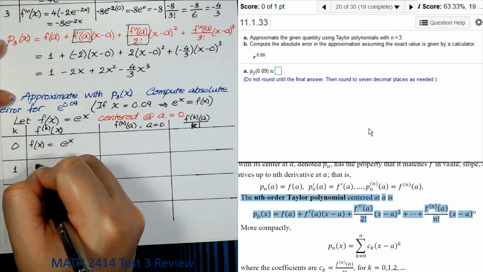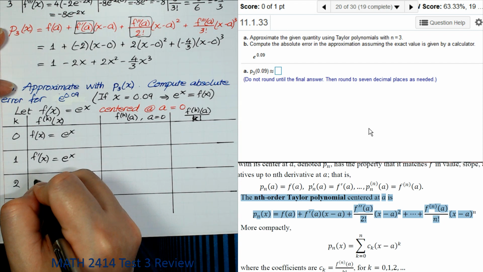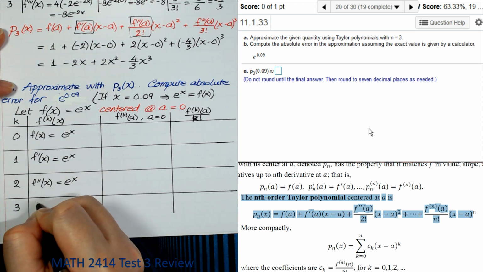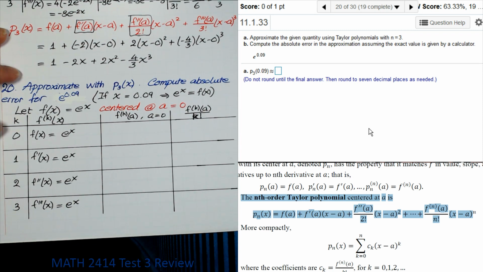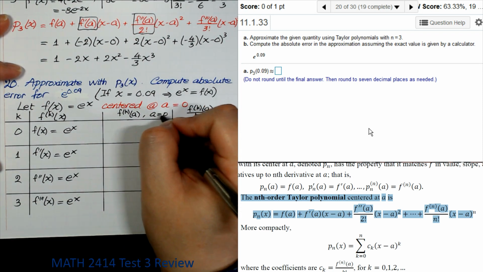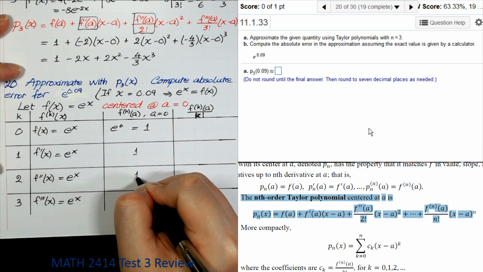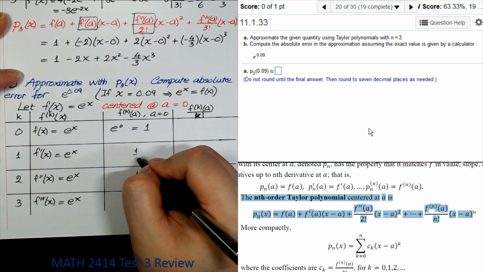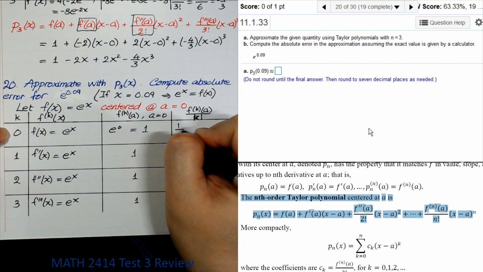The function is e to the x, and the derivative is just e to the x all the way, so we don't have to do much. Derivative of e to the x is e to the x. Now a equal to 0 and all of them equal to 1, because they're the same thing. E to the 0 power is 1. Right, it's not that bad. Now we still need to divide by k factorial.